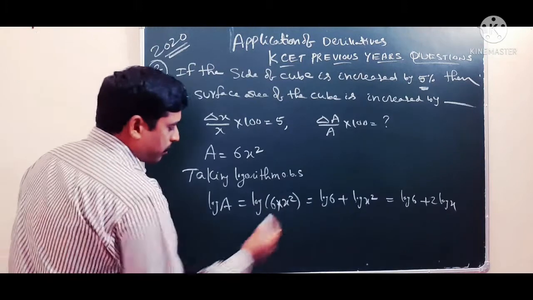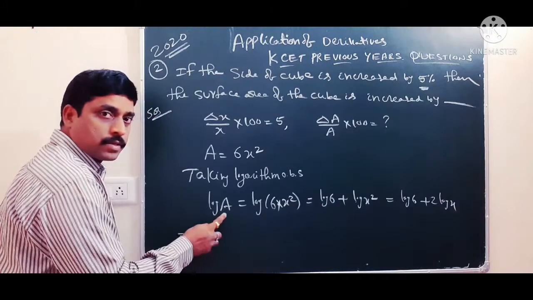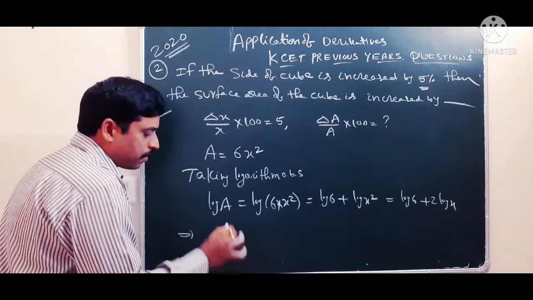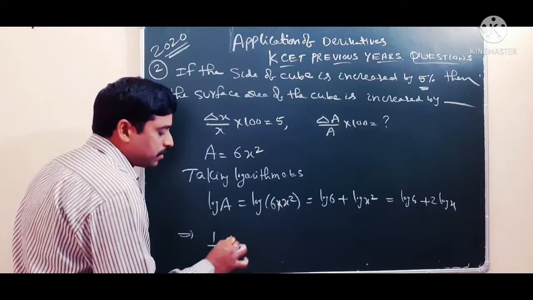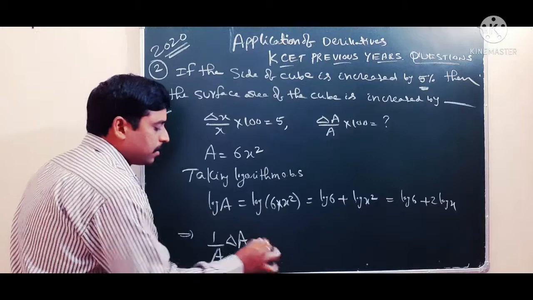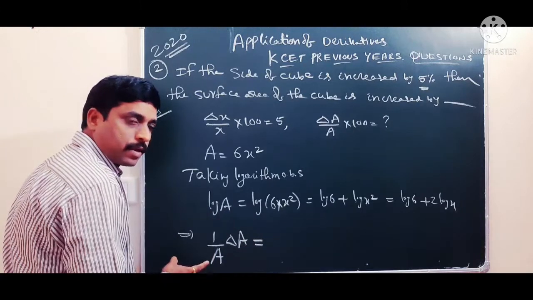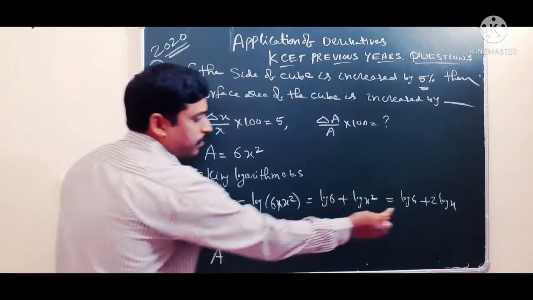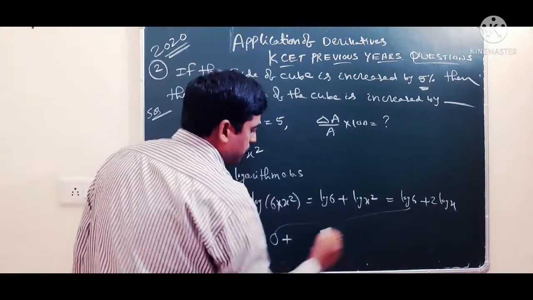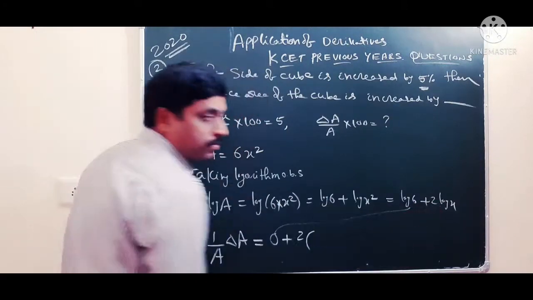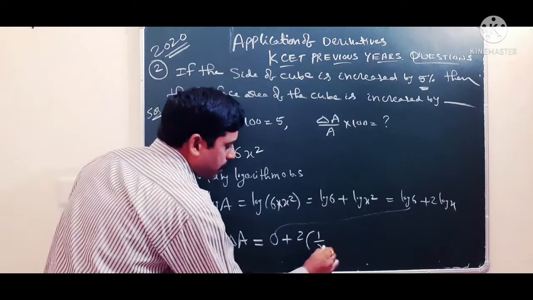Now applying derivative on both sides. Differentiation of log A is 1 by A, and differentiation of A is dA, which is approximately delta A. So differentiation of log A is 1 by A into delta A. Differentiation of log 6 is 0, a constant. Differentiation of log x is 1 by x into delta x.